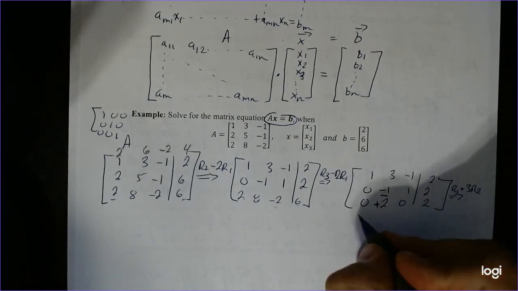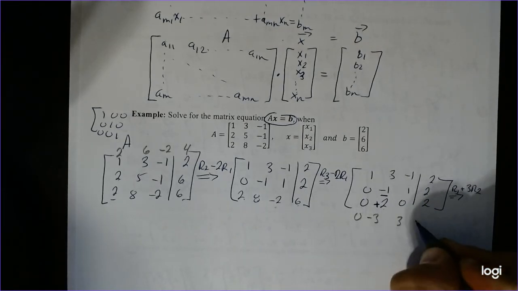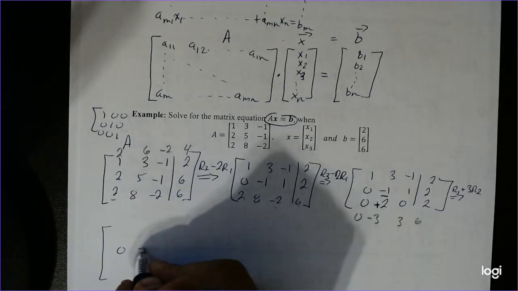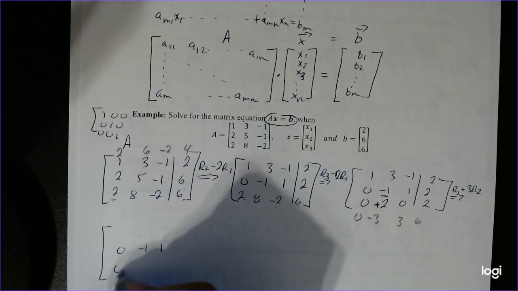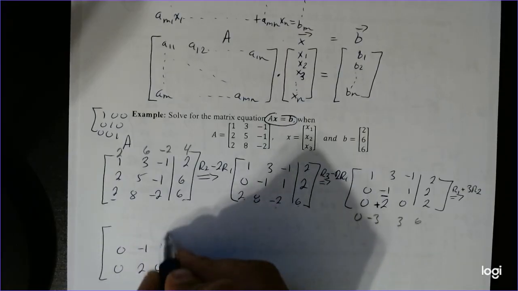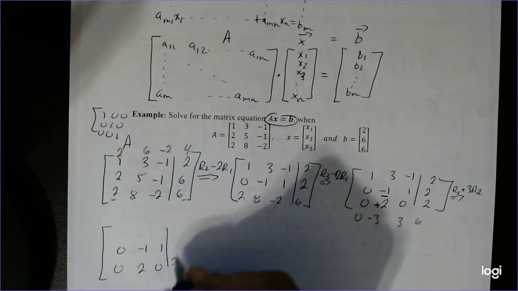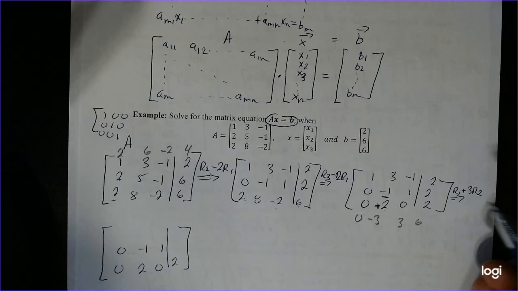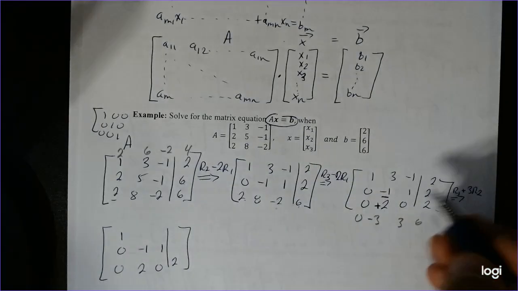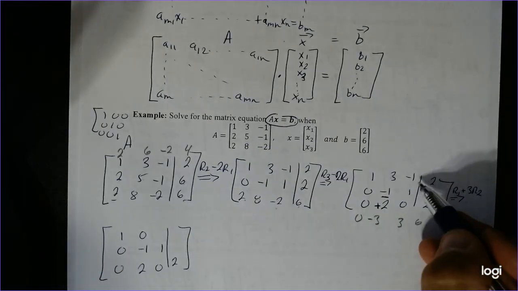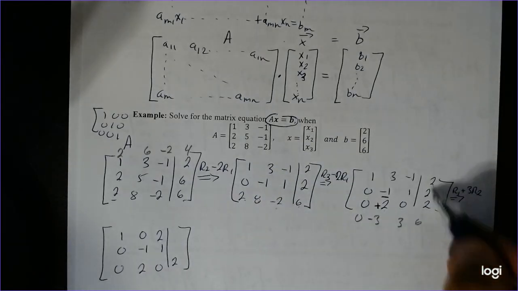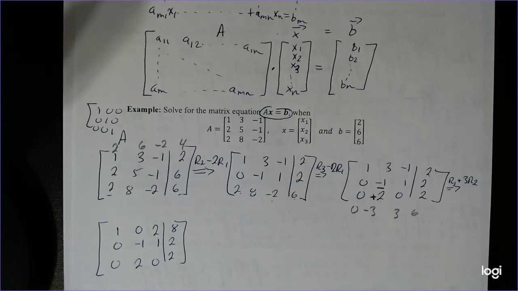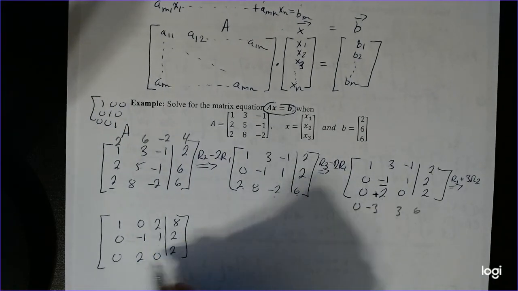If I multiply row 2 by 3, it'll be 0, negative 3, 3, and 6. And what I'm going to do now is divide this by 2.